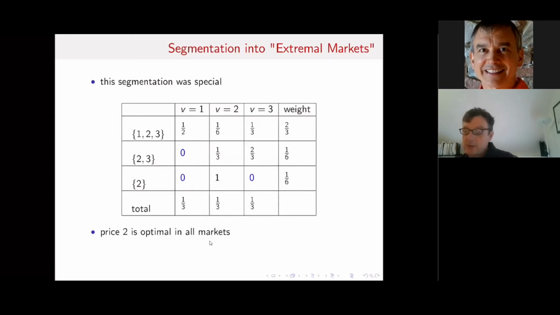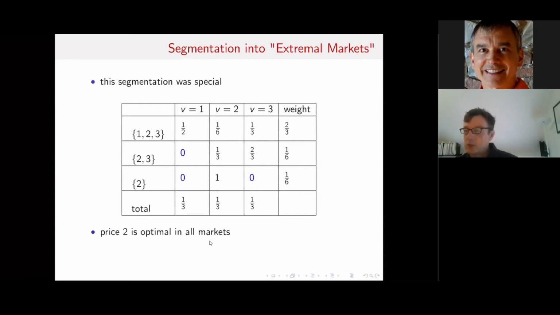So what's this final matrix that I'm going to present you? It's basically thinking about the segmentation in every one of these markets. And the rows are now identified by the support of valuations in that market. By support, I simply mean those elements that have positive probability.